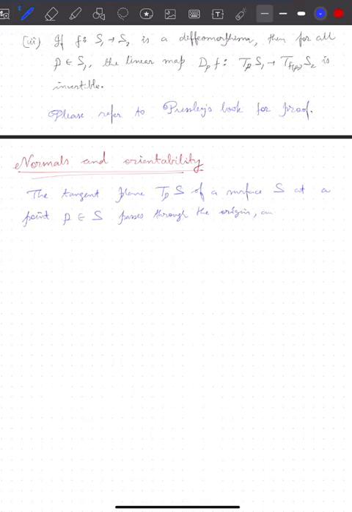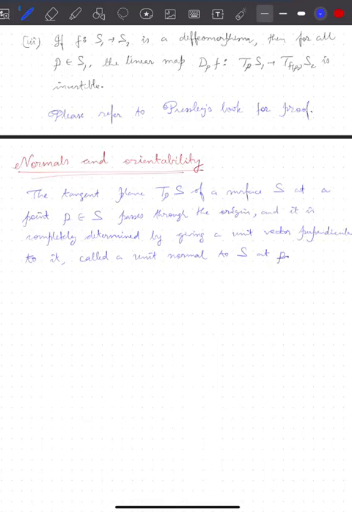And it is completely determined by giving a unit vector perpendicular to the plane, and it's called a unit normal to S at vector P, right?